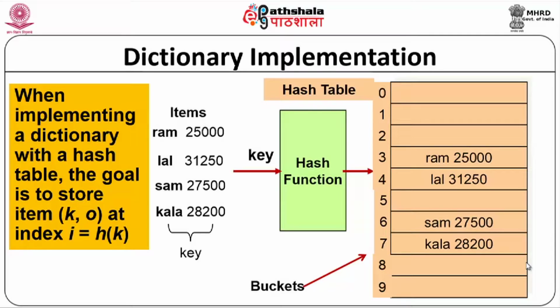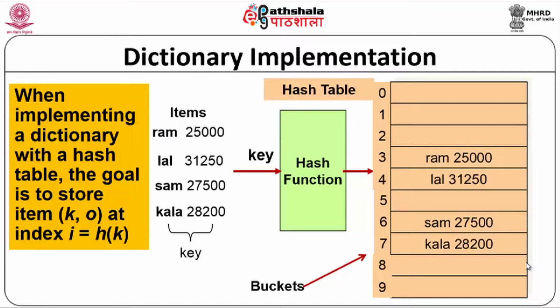Let us assume the items given are Ram, Lal, Sam and Kala, with their key values given. The key of each item is given to a hash function; just take it as a black box for now. The indices of the hash table are normally called buckets. Here, for example, Ram has been hashed to bucket 3, Sam to 6, Kala to 7 and Lal to 4.